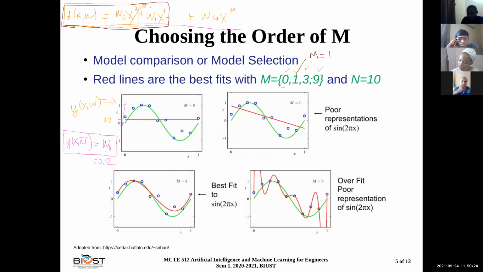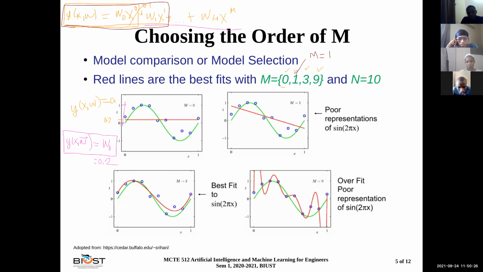In this case, m is the highest order. The highest order is 1, so it always starts from 0. Previously the highest order was 0, so there was only one term. Now the highest is 1, and starting from 0, there are 2 terms. So now you have this.